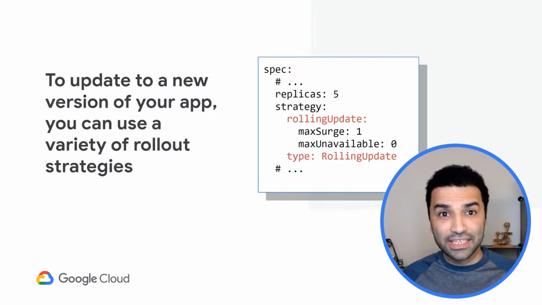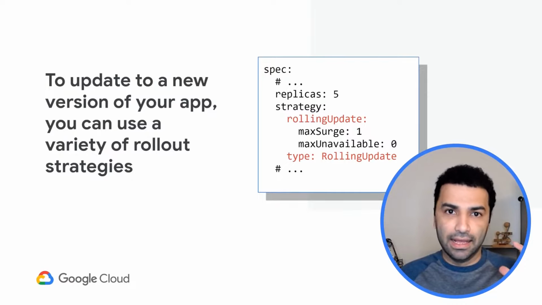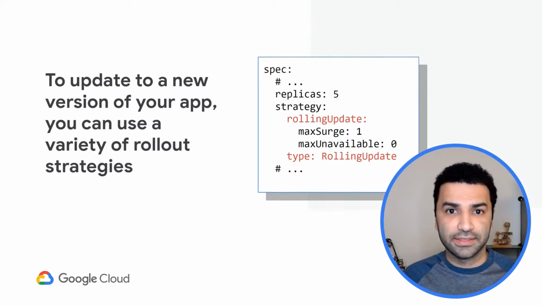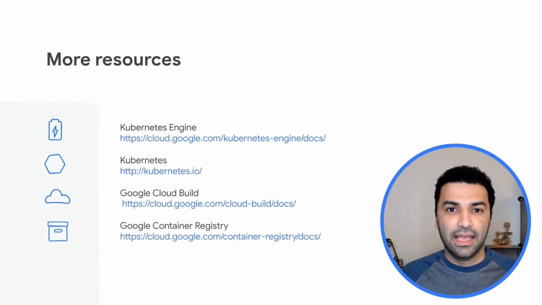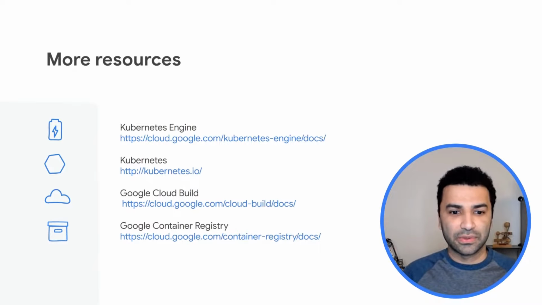If it's not a major upgrade, if it's a small upgrade, then maybe you can apply a rolling update strategy and tell it, for example, that I can kill at most 1 pod, and maximum unavailable is 0, so I cannot afford unavailable pods. And with that, I will leave you with some further reading in those resource links.